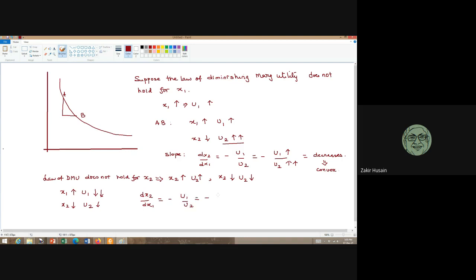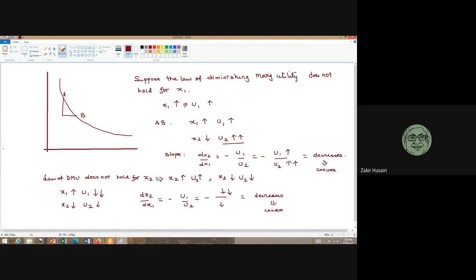Now both of them have fallen, but u1 has fallen more. So what will happen to the slope in absolute terms? It decreases. So again we get the same result.